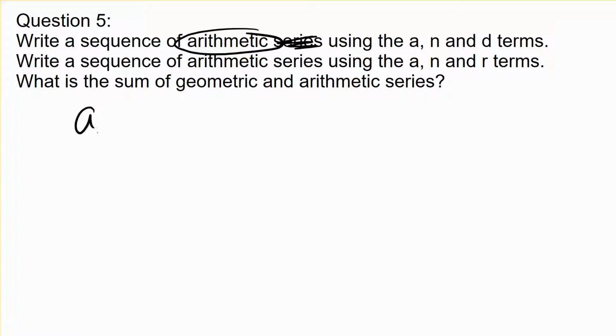So arithmetic, we write a_n equals a_1 plus d times (n minus 1). n is our term number, and d is our common difference.